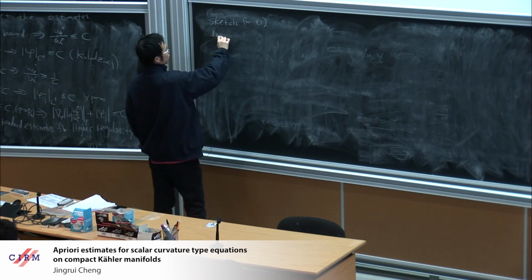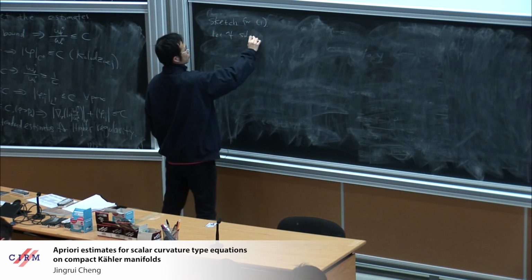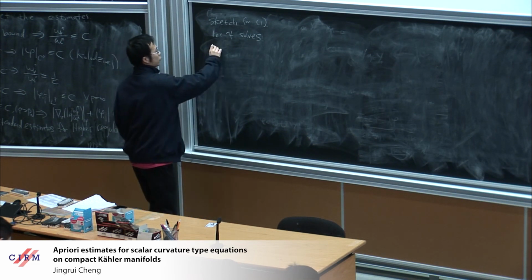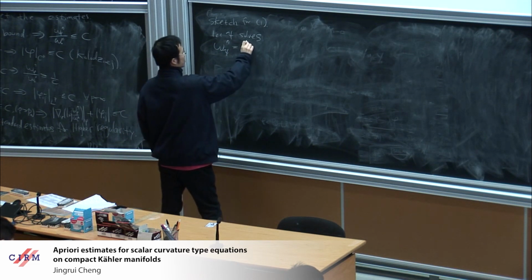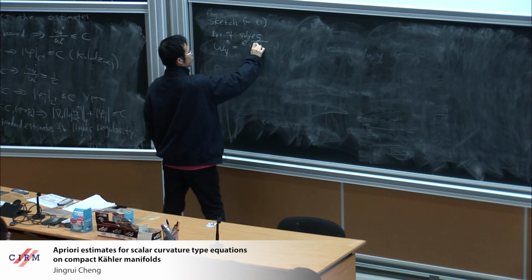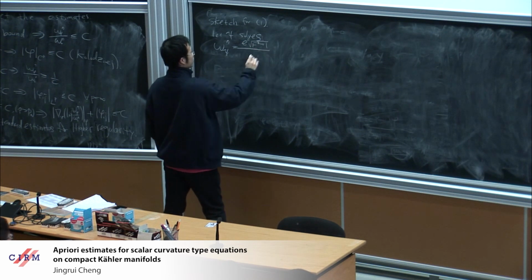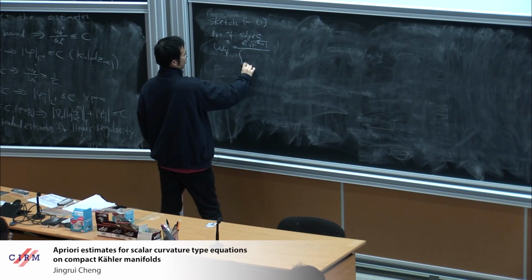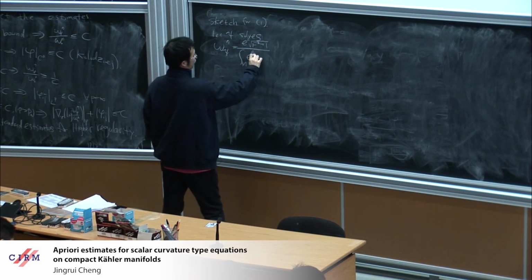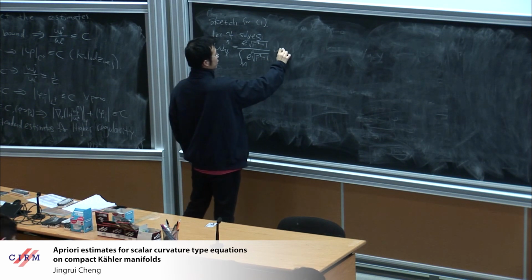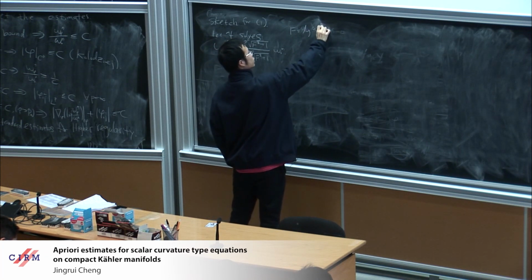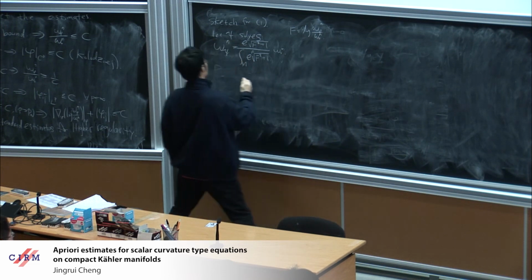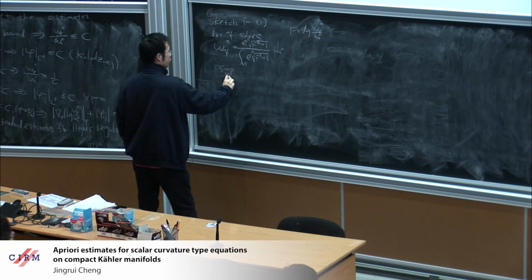Let psi solve the following problem: omega psi to the n equals e to the f, square root of f squared plus 1, divided by, sorry, I forgot to say, the integral of that, times omega 0 to the n, where f is just the log of the volume ratio, where of course you can normalize so that the sup of psi equals 0.